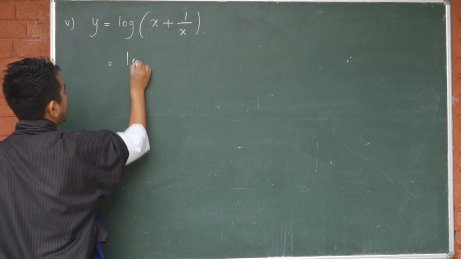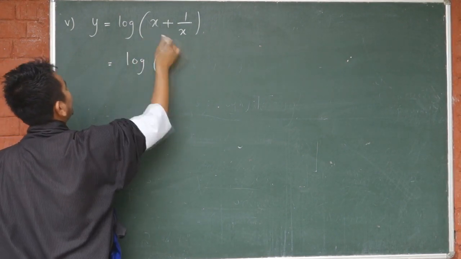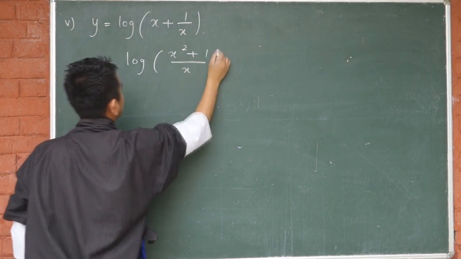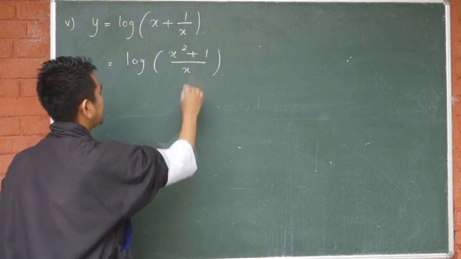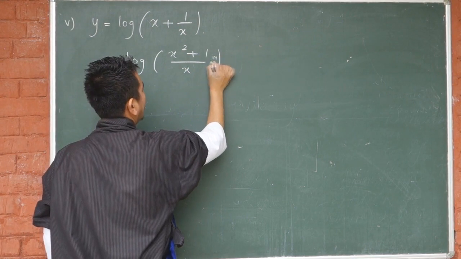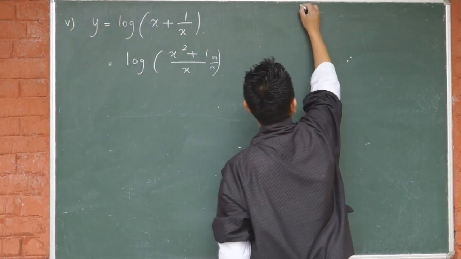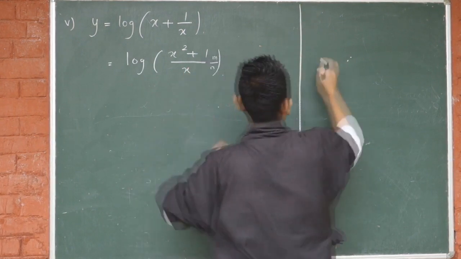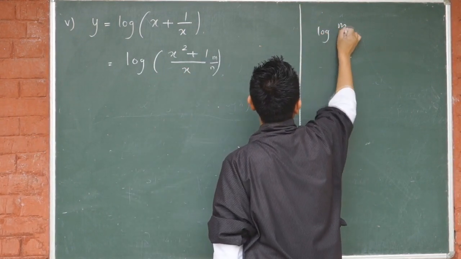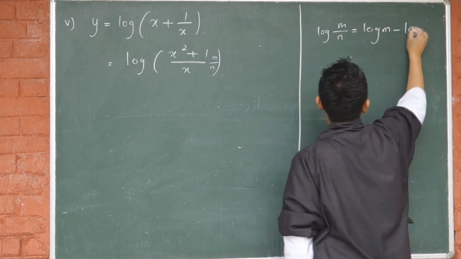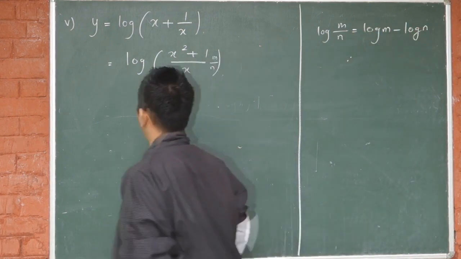So we have log of, please do LCM, x squared plus 1 divided by x. Now this is in the form of log m by n. Now we can apply the logarithm law. Log m by n is nothing but log m minus log n.